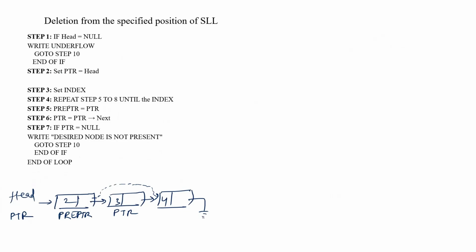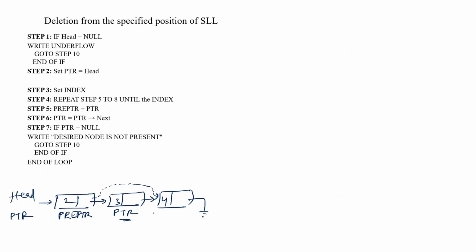The steps are the same: we have to repeat step number 5 to 8 until the index. The pre-ptr is equal to ptr, ptr is equal to ptr to next. If ptr is null, then we will say desired node is not present.